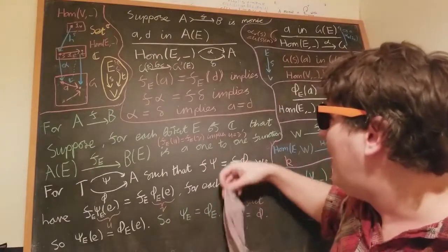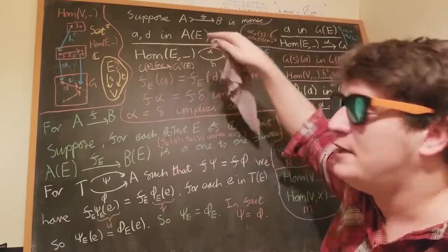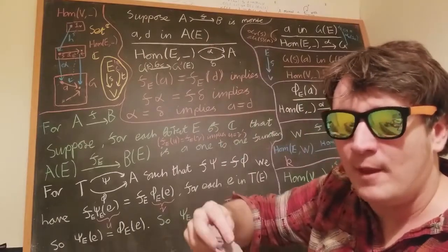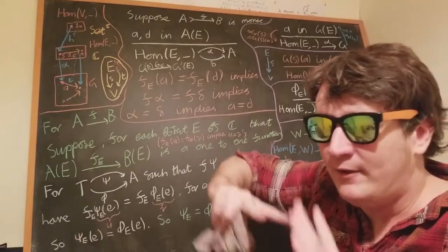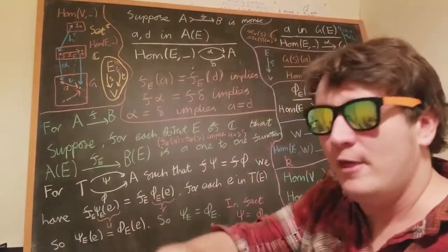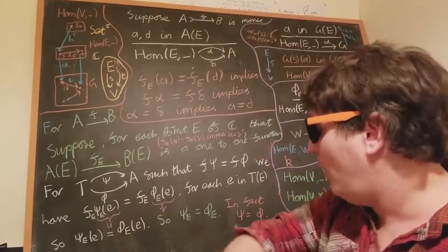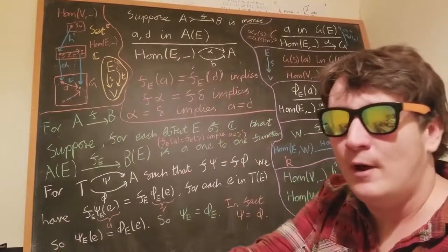So the E-th component of this arrow from G to G dash is a function sending E-type elements of G to E-type elements of G dash. So that's a little bit of background about what the arrows in this category look like in general.